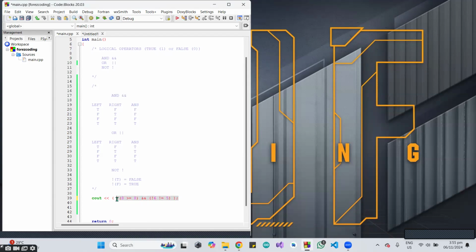It will only be true if both operands, the left and right operand, are true. So let's try this one. So 8 is greater than or equal to 8. This is true, but we have not in here. So the final answer in left operand is false. So we have here false.